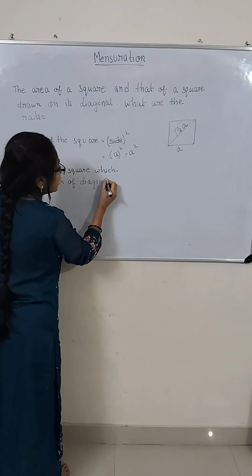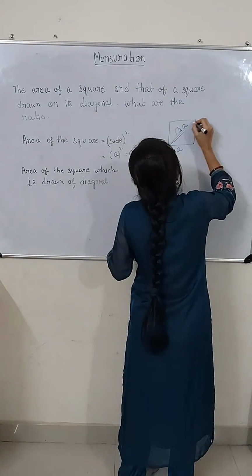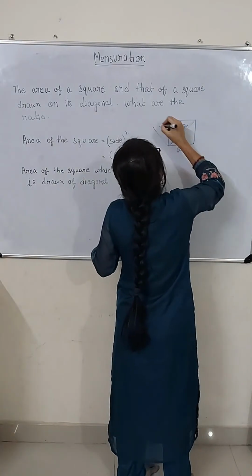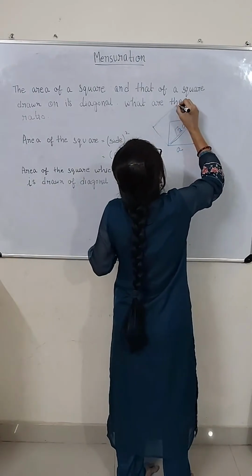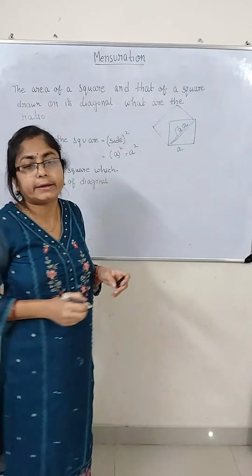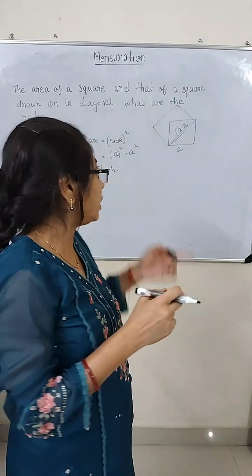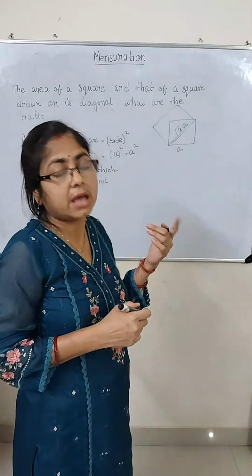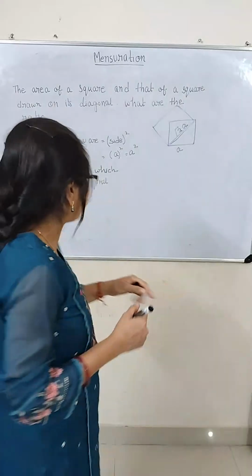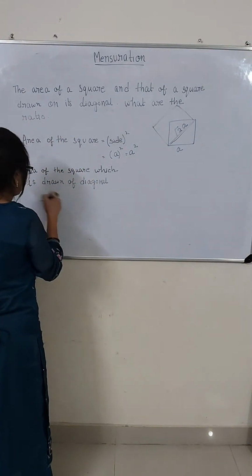Now I draw the square. Here the diagonal is this one. I make one square here. So now you find out the area of the square which is drawn on the diagonal. In that case the side is root 2a. So for the area, you apply the same formula.